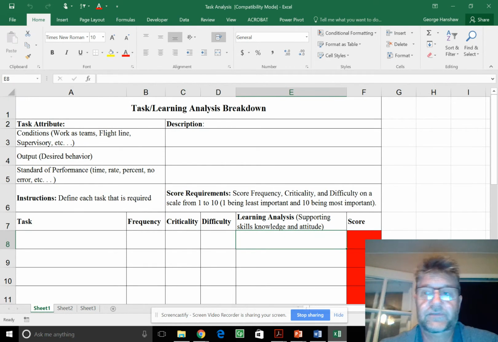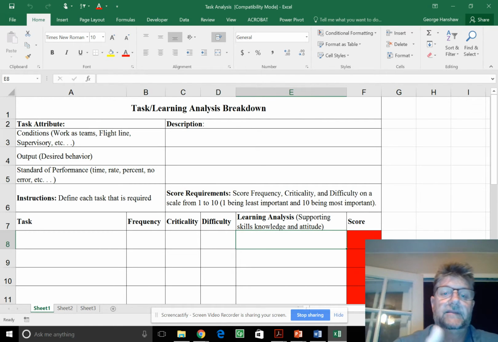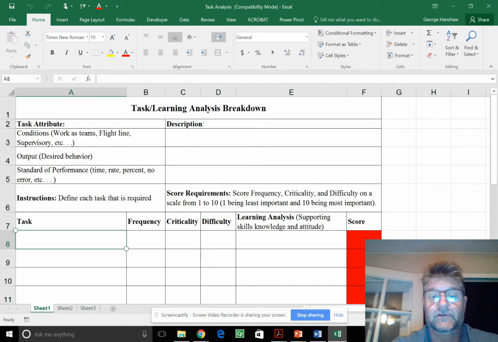Let's say it's a skill, they're building product X. The condition: how are they working, flight line team, supervisory, etc. What is the output, or in other words, specific behavior, because we want to be behavior based. When you can see a behavior, you can measure a behavior. And what is the standard. And then all of these tasks fall underneath whatever the primary thing is that they're building or doing.